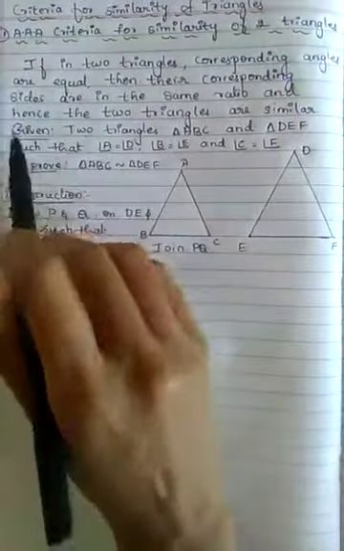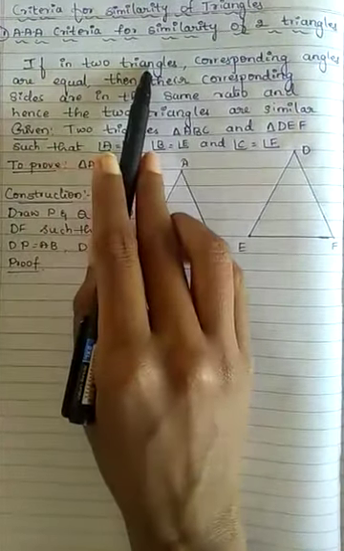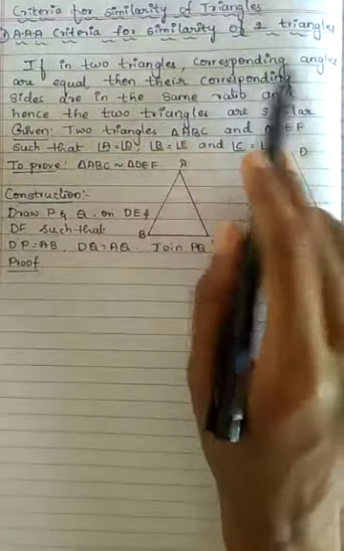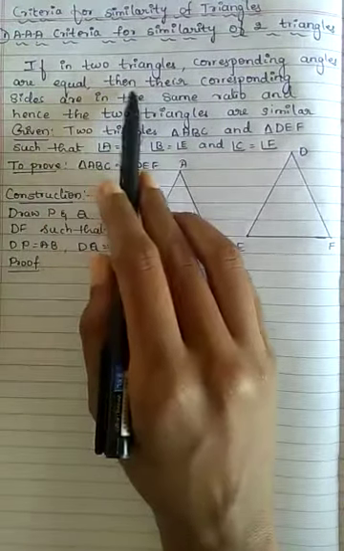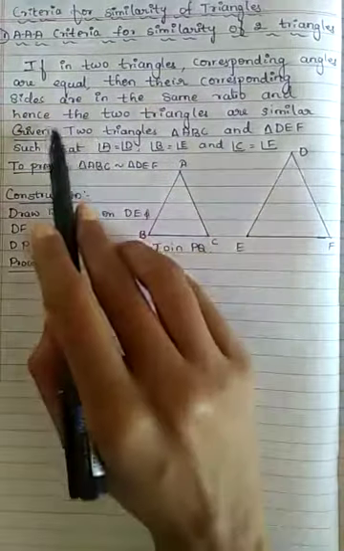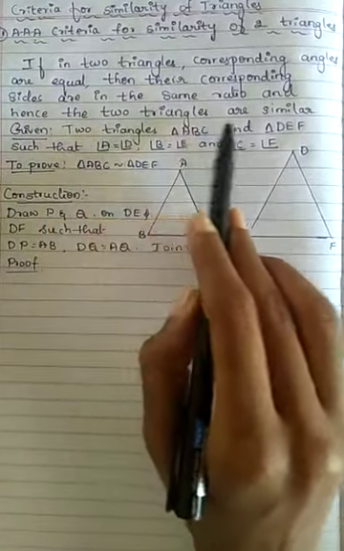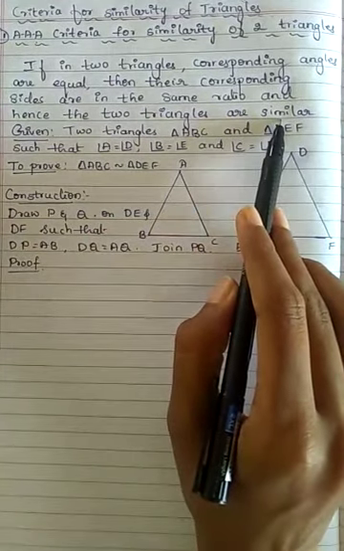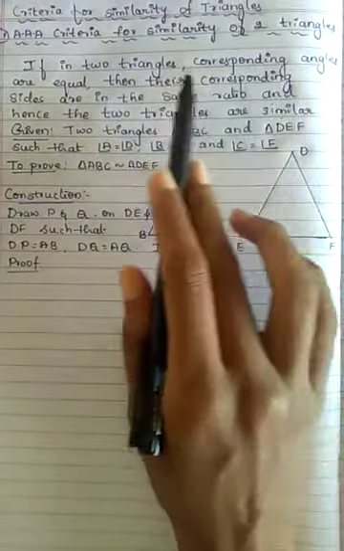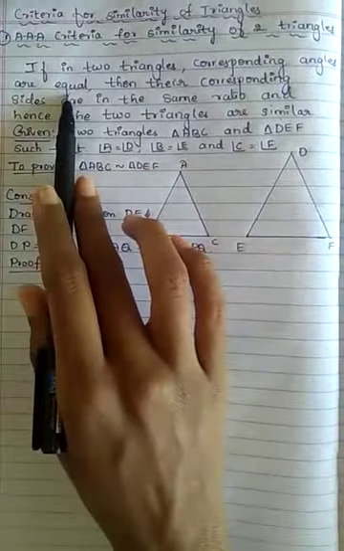So what is that? If in two triangles corresponding angles are equal, then their corresponding sides are in the same ratio and hence the two triangles are similar. Given is that in two triangles corresponding angles are equal.